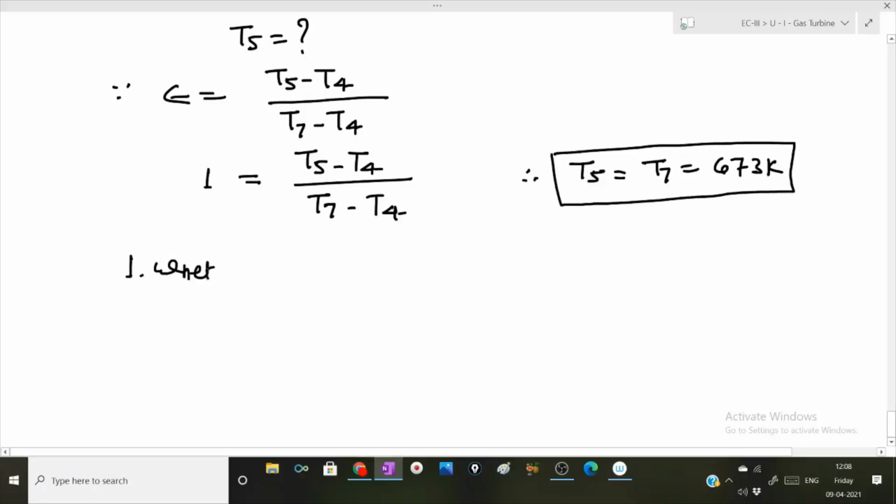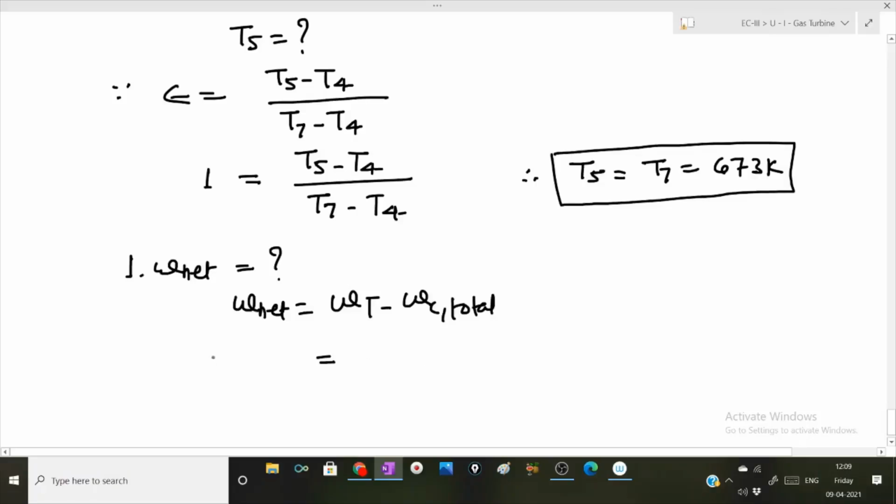So let us calculate a specific work output during this fourth cycle. So W net will be once again W turbine minus W compressor total. Now due to regeneration, specific work output does not get changed. So specific work output considering intercooling will remain same as we have calculated in the part number 3.